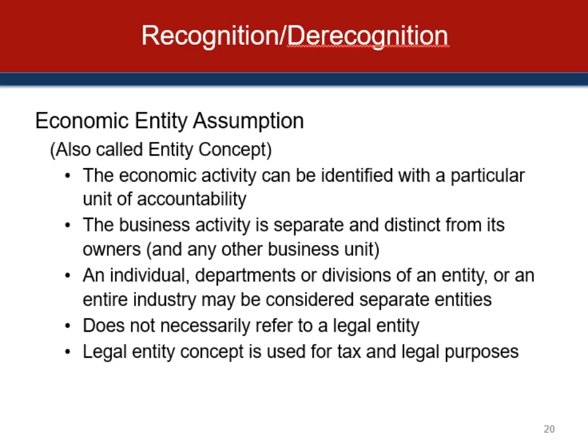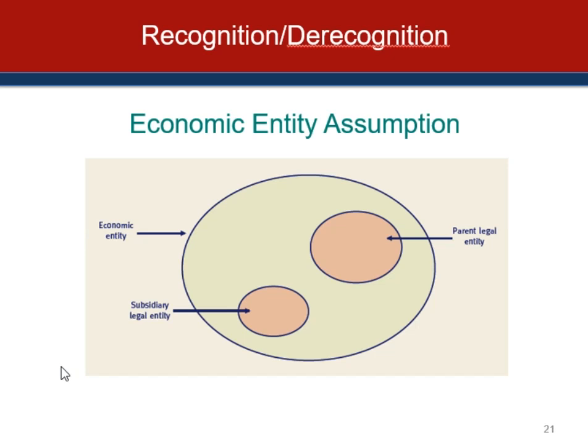So we need to consider the economic entity separate from the stakeholders, depending on that economic entity. So something like this picture, if we think of the parent company and the subsidiary, they're both separate legal entities. They actually have the status of a separate person under Canadian law.